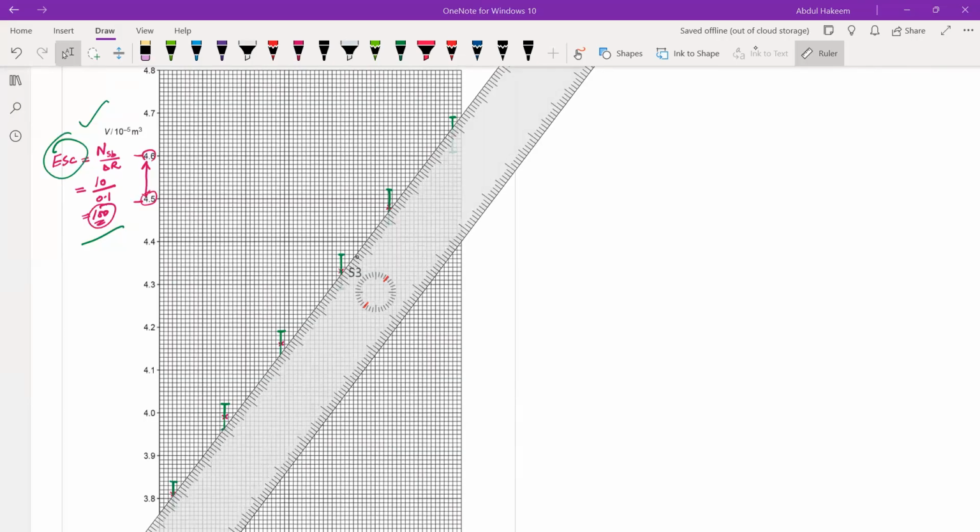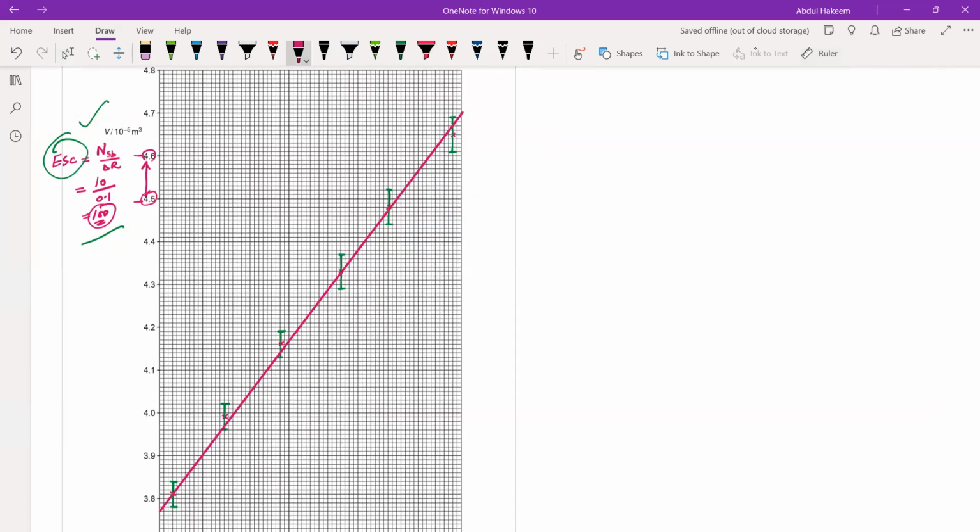Try to fit all points. So suppose this is the line. In the hard copy, you can draw it properly. Your line will be much better than my line, okay? So this is your best fit line, and you have to label it BFL, best fit line.